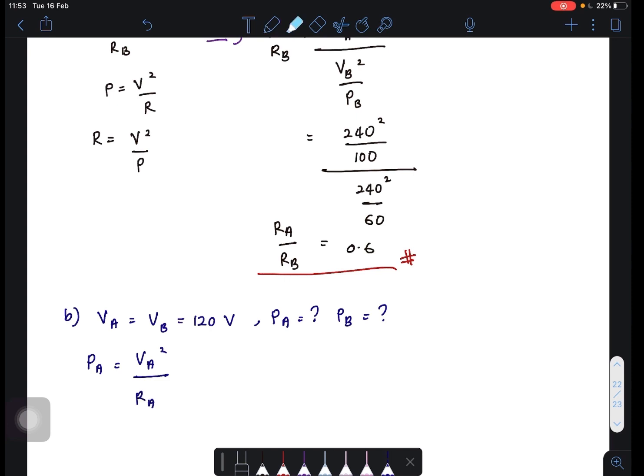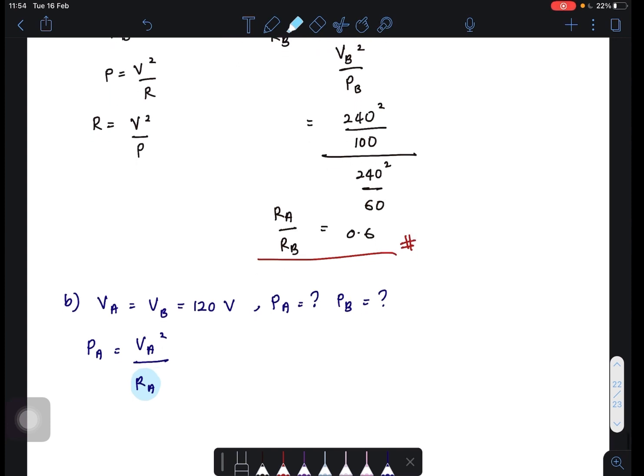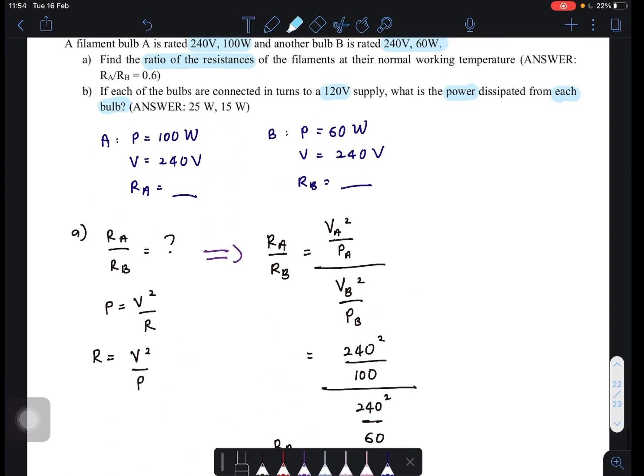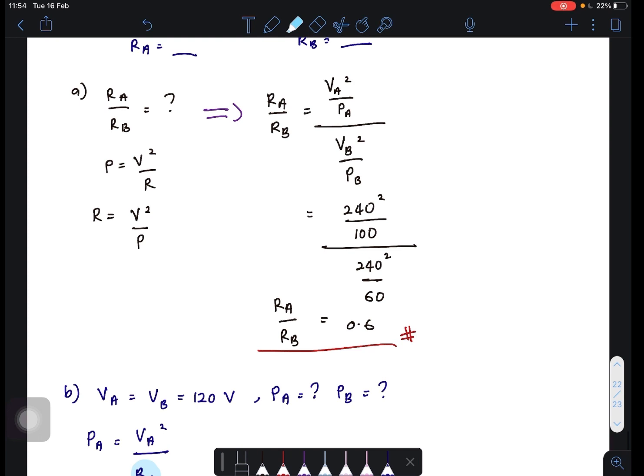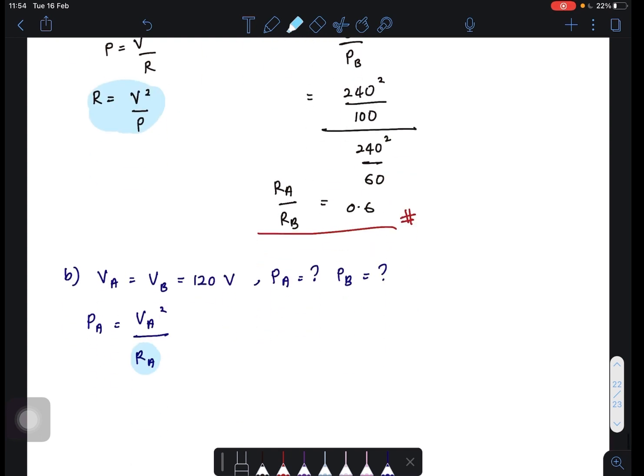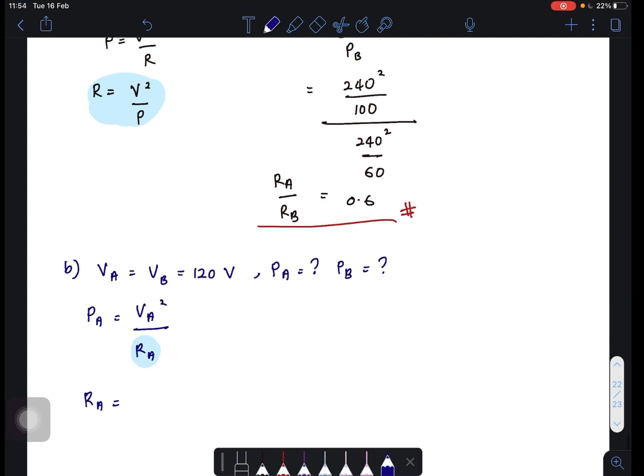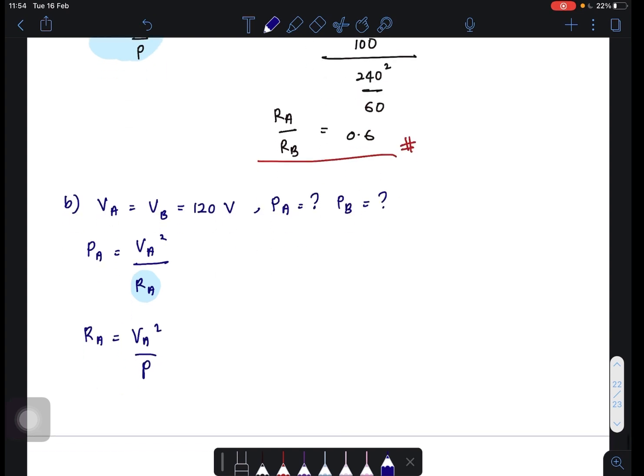So now we don't have the value of the resistance. We need to find the value of the resistance first. How do we find this? Okay, we use the information that we found earlier. Using this one. So RA will be equal to VA square divided by PA.